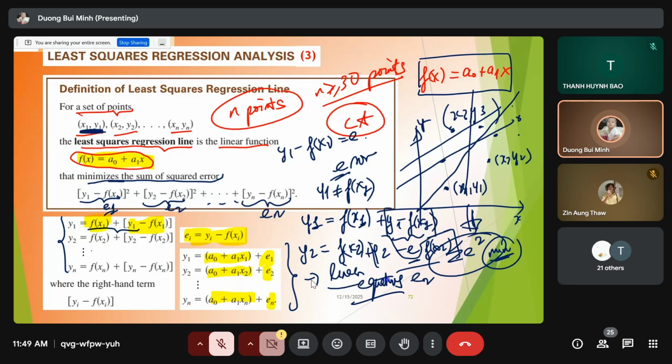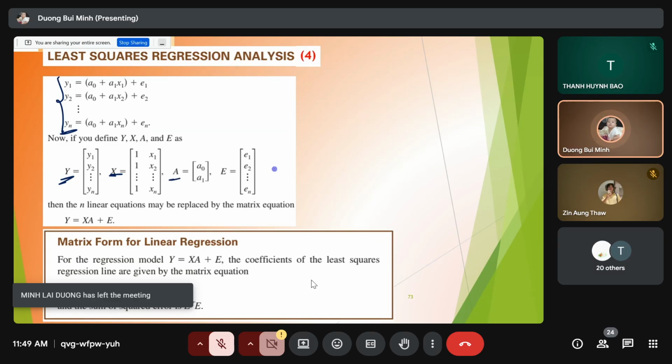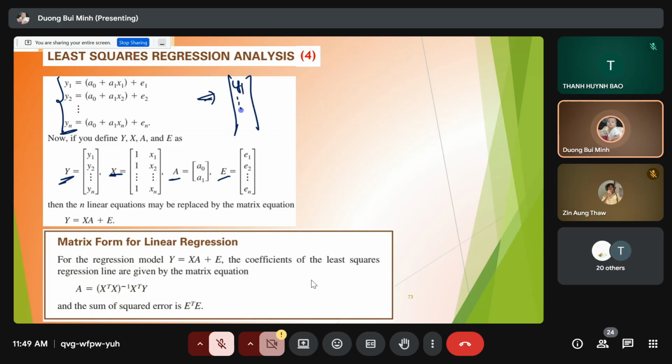Here x is the variable, like the constant terms, and a0 and a1 are the unknowns we need to find.